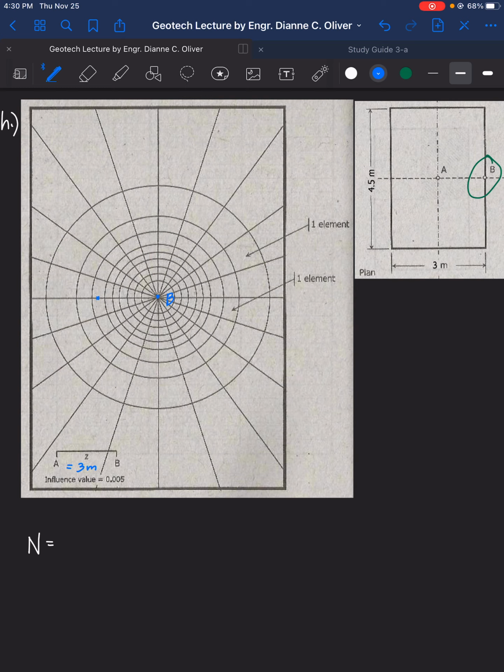Then 2.25. So 2.25. It should be somewhere here. And then 2.25 here.